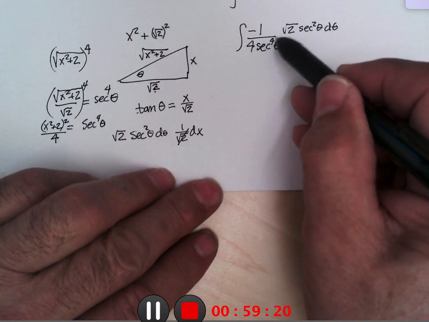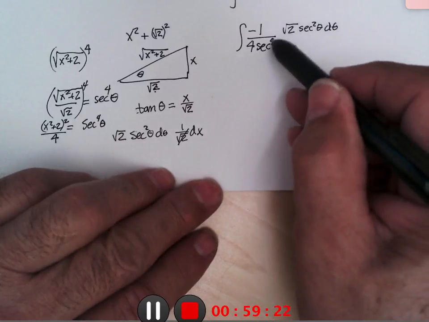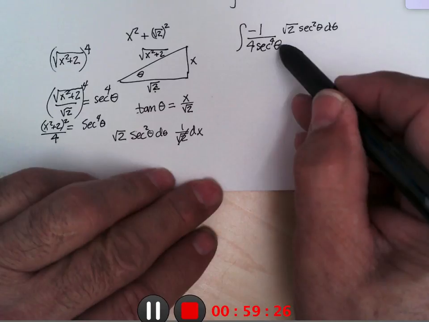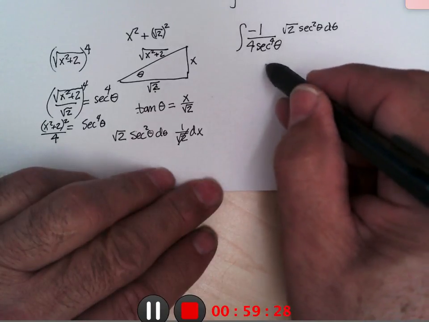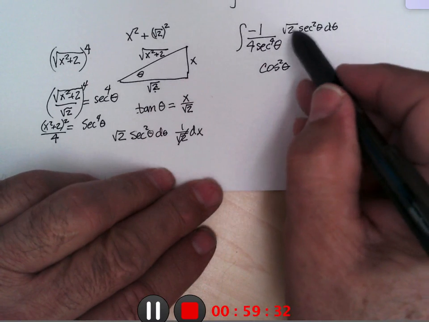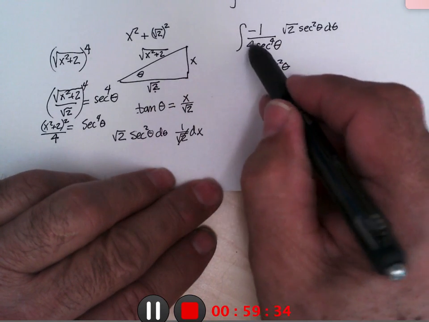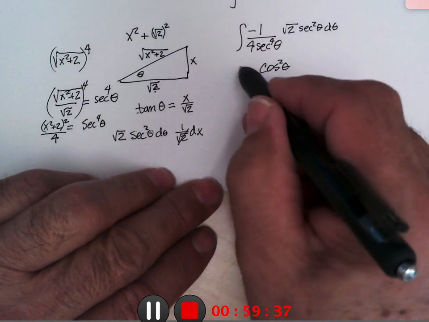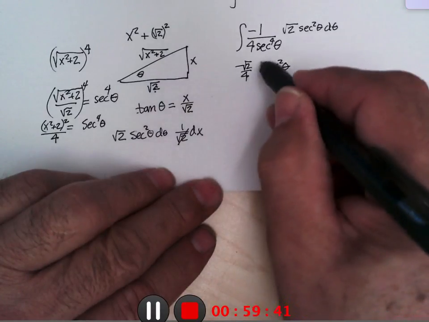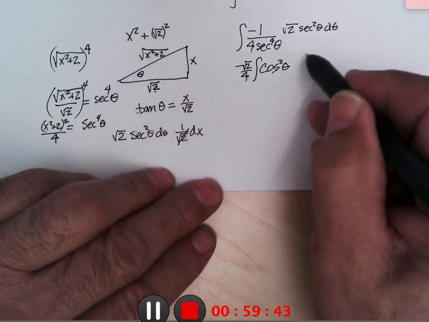So they cancel, and I'm left with the secant squared in the denominator, which is the same as cosine squared theta in the numerator, and the square root of 2 and the 4 pull out, and the minus, so I get minus square root of 2 over 4 antiderivative of cosine squared theta d theta.